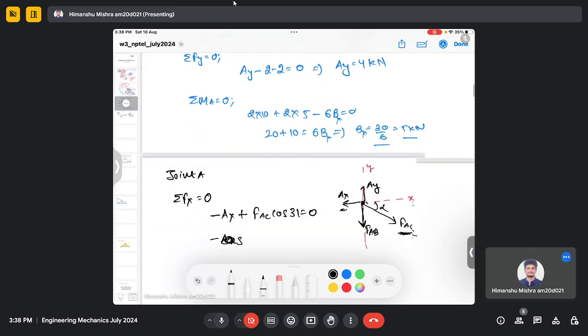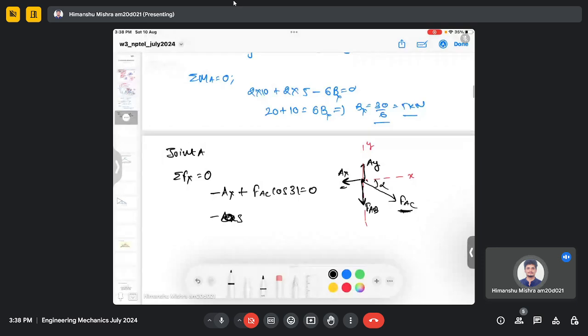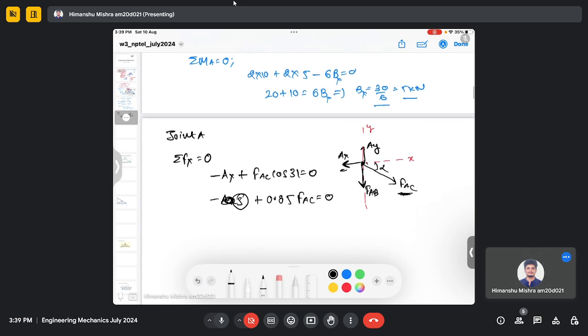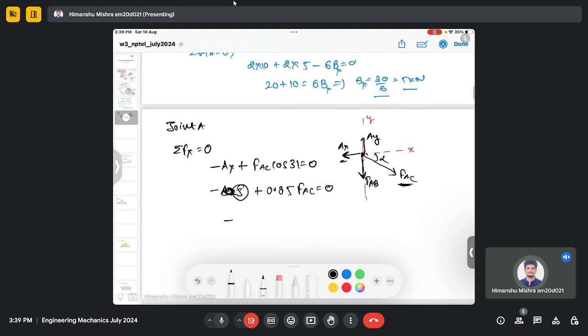So we changed the direction of Ax. So I don't need to consider minus 5 here. Okay, so just observe this. So here we have minus 5 plus 0.85 FAC equals 0. So we will have minus 5 equal minus 0.85 FAC.